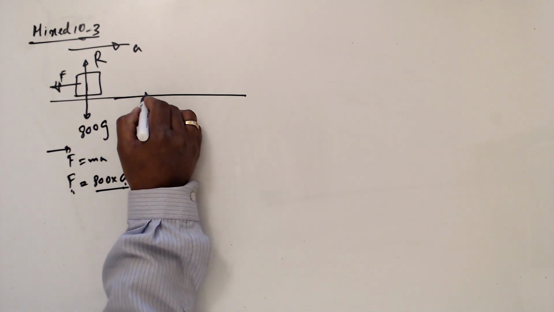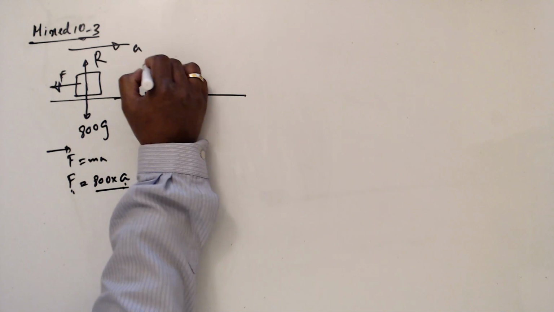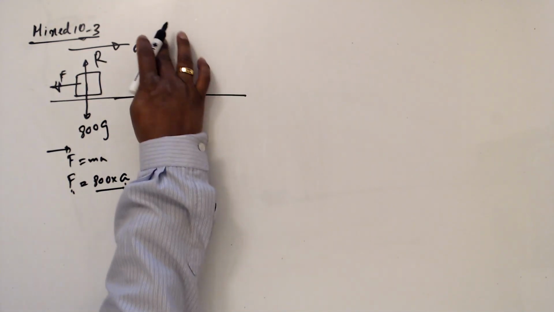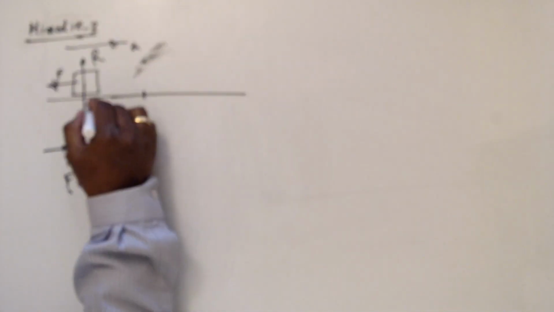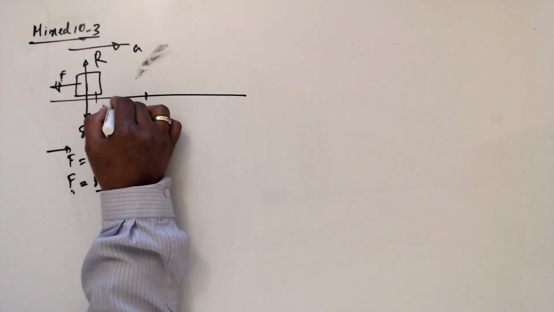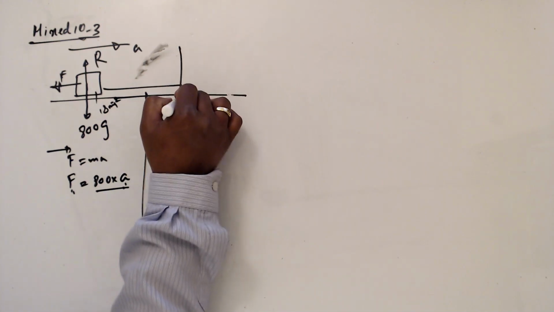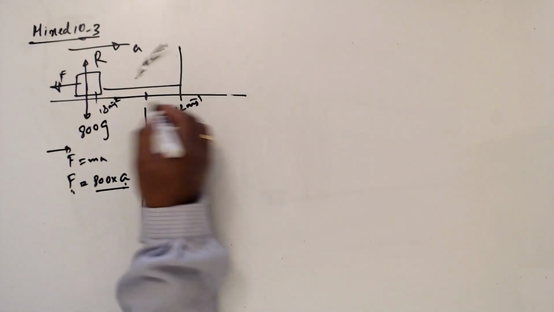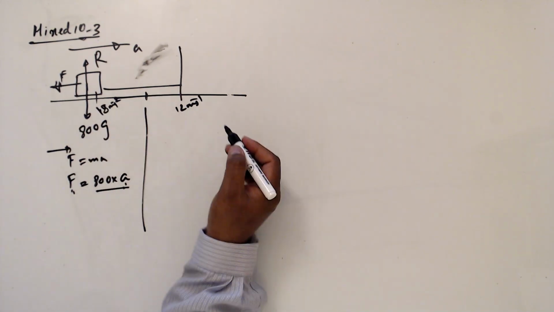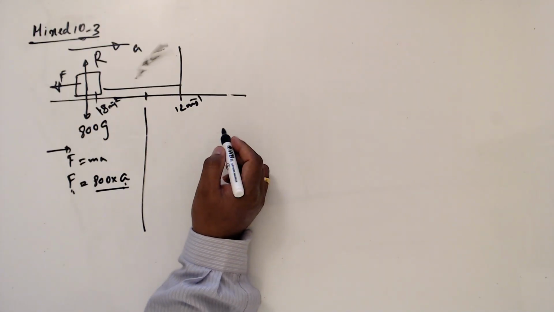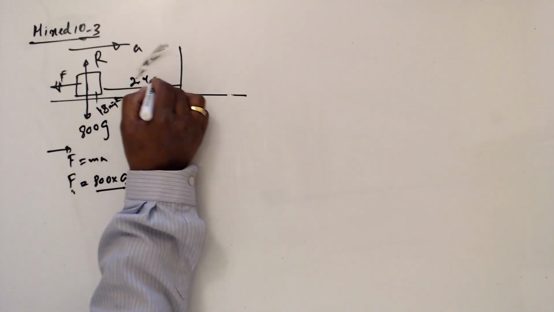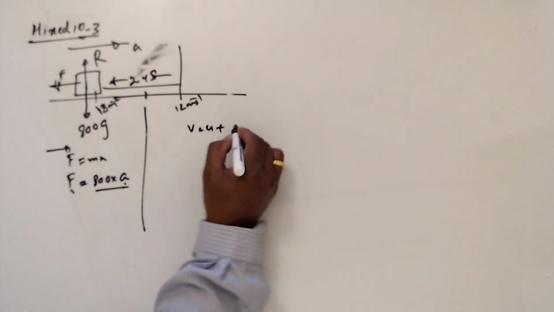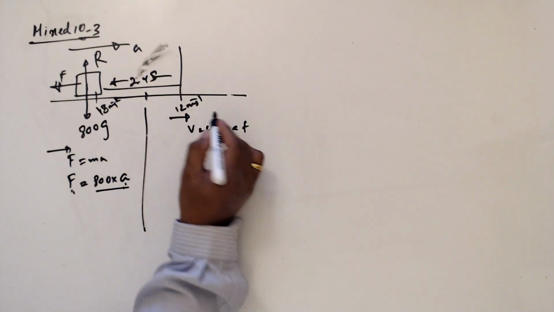Now they will tell that as a story. So assume that this is 18 ms minus 1 at the starting, and after some time it will come down to 12 ms minus 1. So its speed reduced by 6 units in 2.4 seconds. So v equal u plus at in this direction.